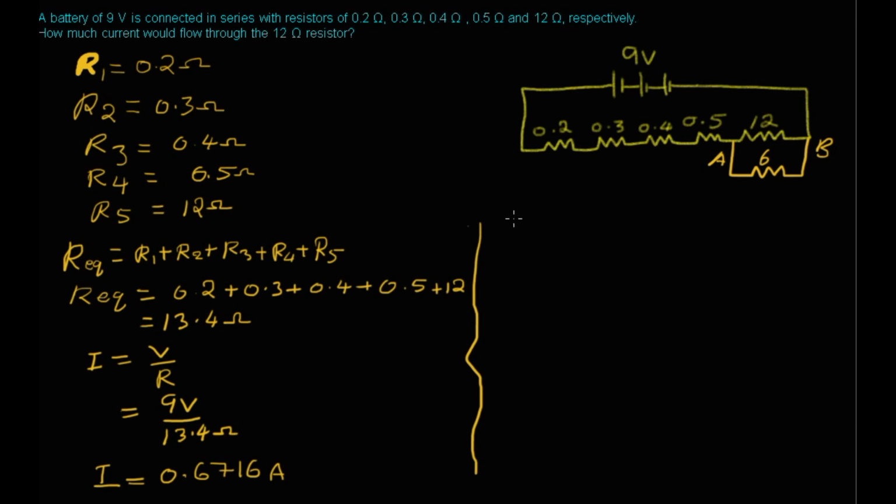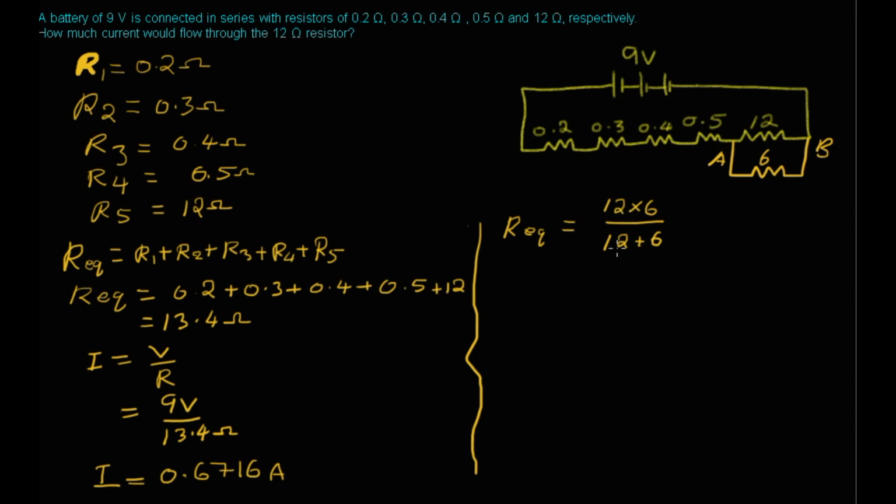If two resistors are connected in parallel, you know that the equivalent resistance is given by 1 by R equivalent equals 1 by R1 plus 1 by R2.